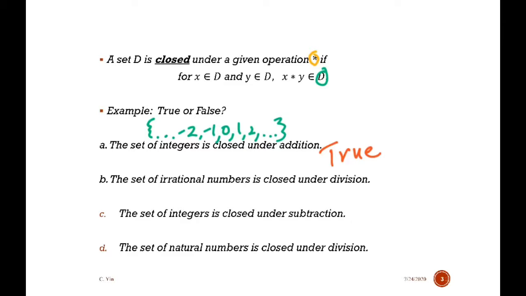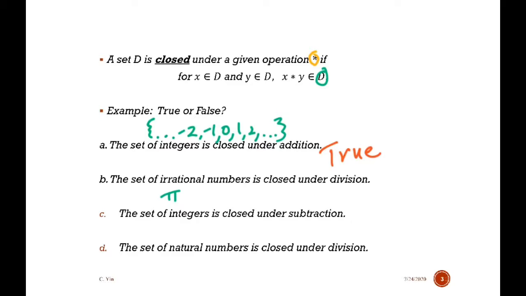But the next one says the set of irrational numbers is closed under division. Now, we didn't really talk about what irrational numbers were, but I know you've probably heard of these. Probably the most common one that you would give as an example of an irrational number would be the number pi. So let's just say we look at the number pi.